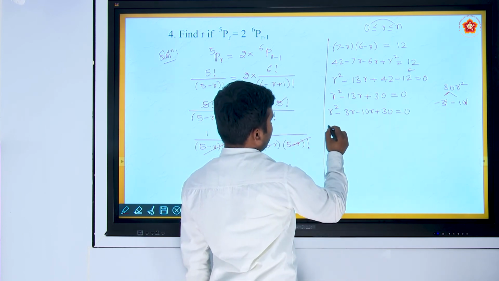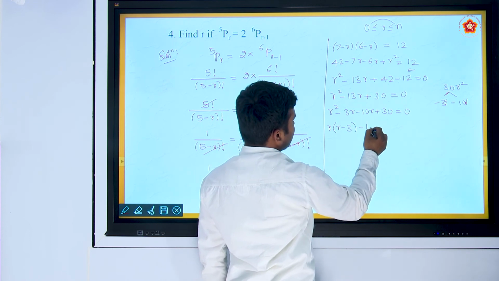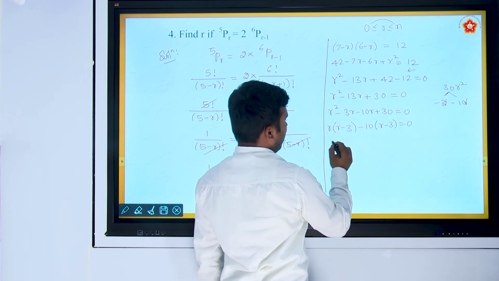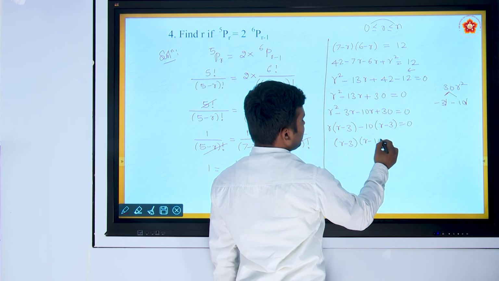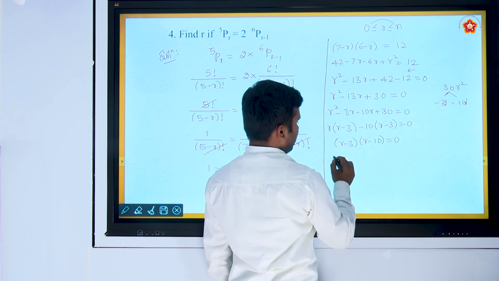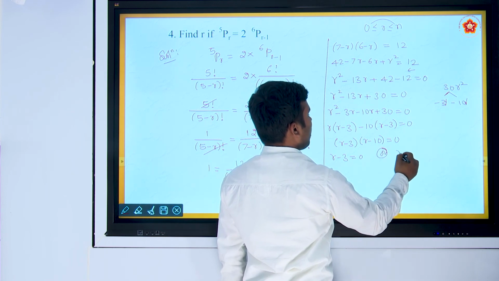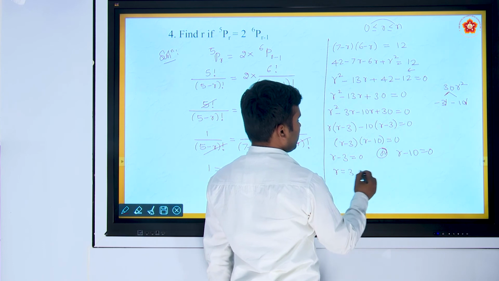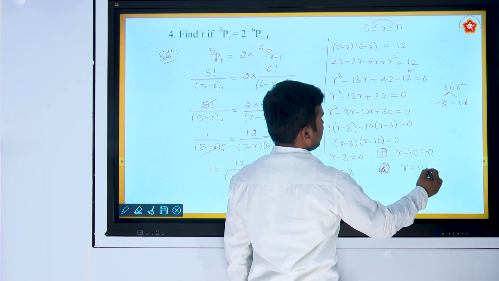Now what is common here? r is a common term, that is r into r minus 3 minus 10 into r minus 3 is equal to 0, or r minus 3 into r minus 10 is equal to 0. Either r minus 3 is equal to 0 or r minus 10 is equal to 0. Therefore r is equal to 3 or r is equal to 10.